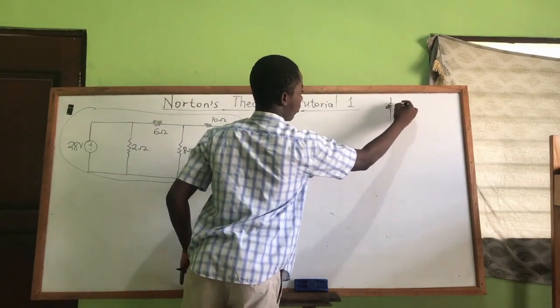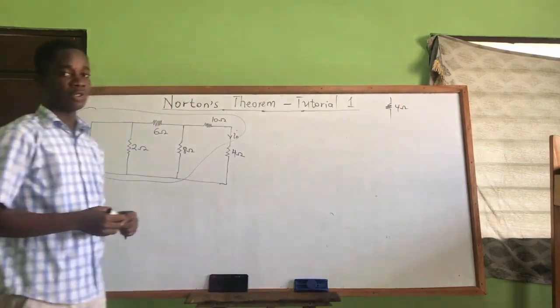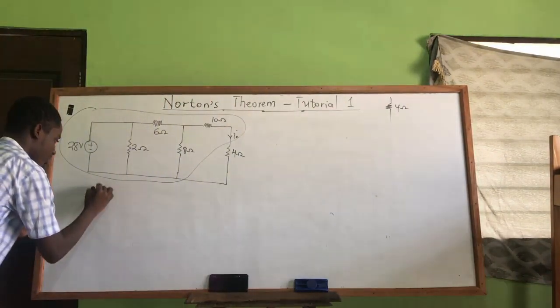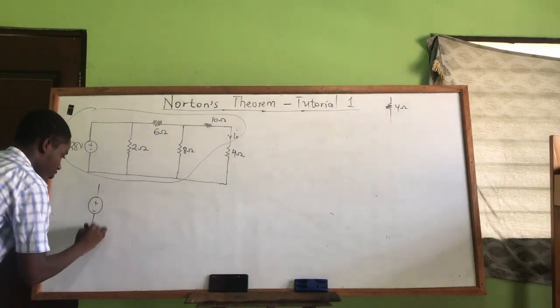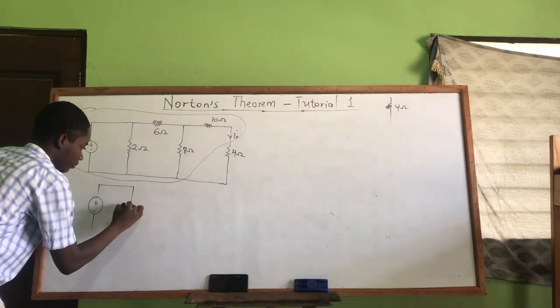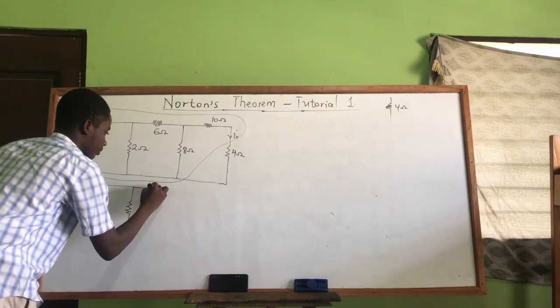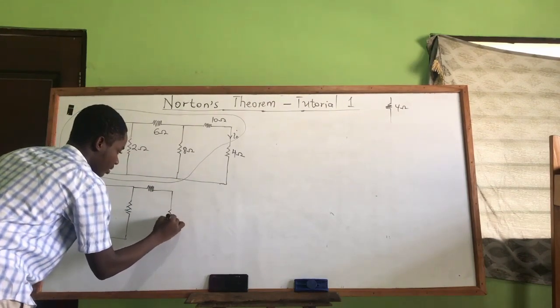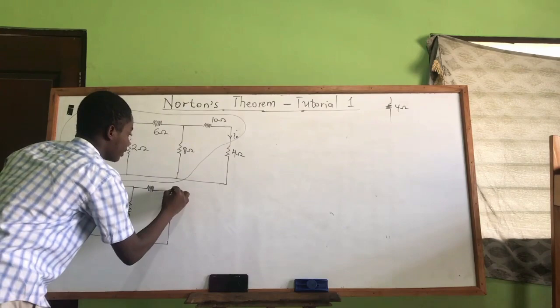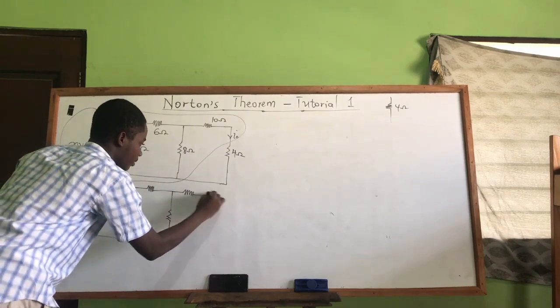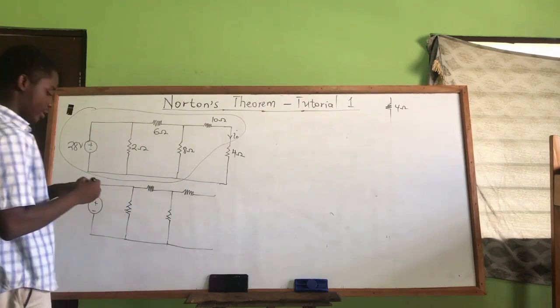So the load is 4 ohms. So we remove the load. So let's draw the diagram without the load. I have a source here, I have this one here, I have this, I have that, 10 and this.